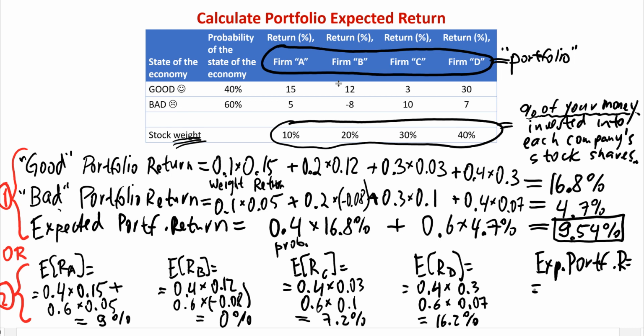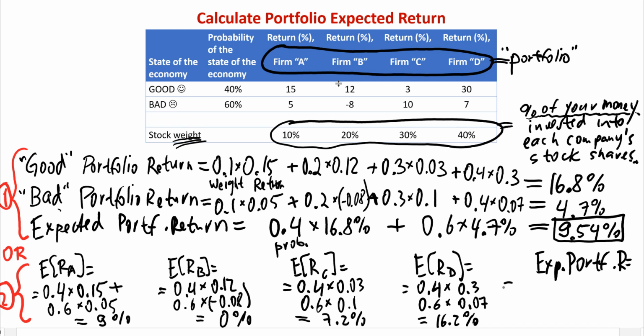And then in the last step, we are using what? We haven't used what yet? We haven't used the weights, the percentage of our money invested into the 4 stocks. So that's what we do in the last step.